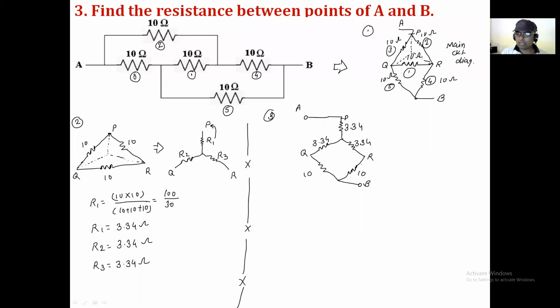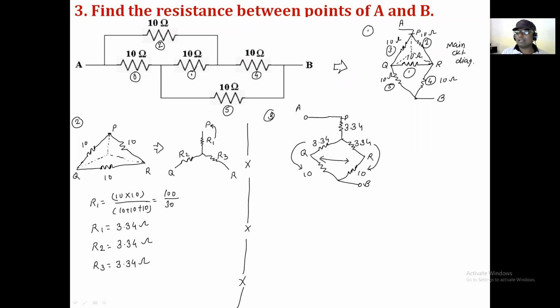Is it right? Now you can easily apply the series and parallel circuit rule. See how this 3.34 and this 10 ohm resistance are connected. Series. How are these two resistances connected? Series. And how are these two branches connected? Parallel.